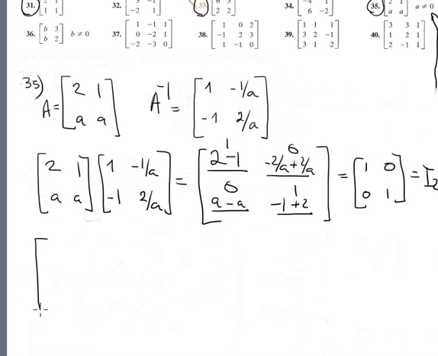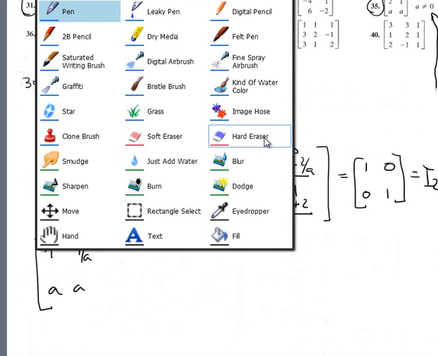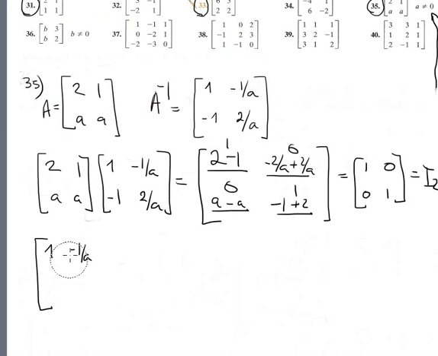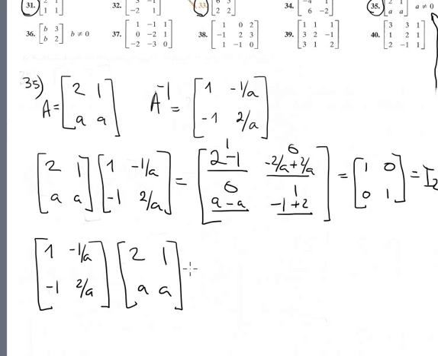Okay, let's do it in the different order. Negative 1 and 2 over A times 2, 1, A. Multiply this times this: 2 minus 1, obviously it's 1.